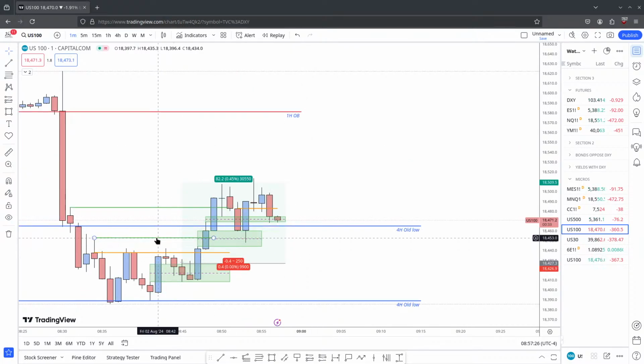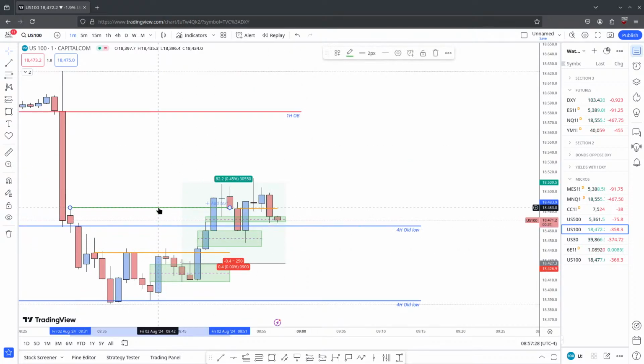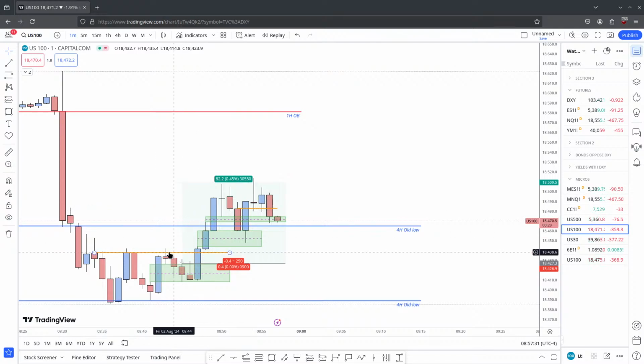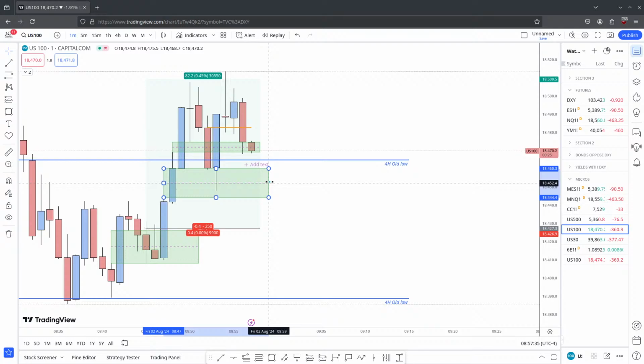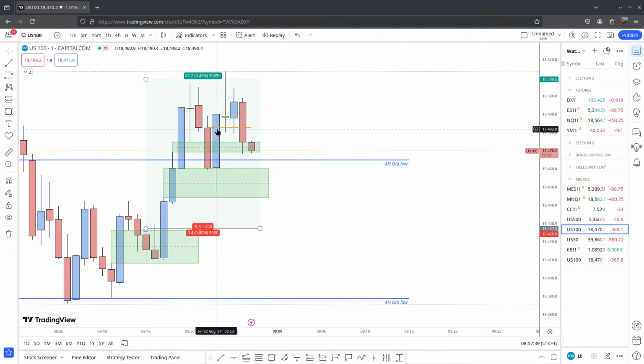I think we can get rid of some of these other levels here to keep things a bit cleaner. Still want to keep this one on the charts. So that's not something that I do want to see here. If it wanted to reject this level, it would have rejected it by now.